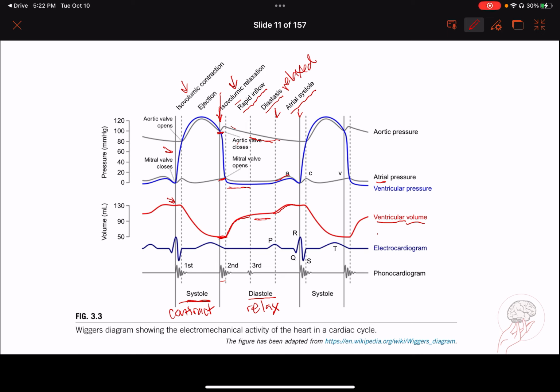And after atrial systole, it's going to go back to isovolumetric contraction. And so we're going to hear our first heart sound again because we're back in systole. So atrial systole goes into, this is the isovolumetric contraction right here.